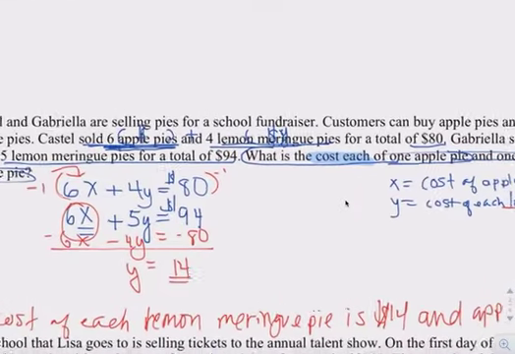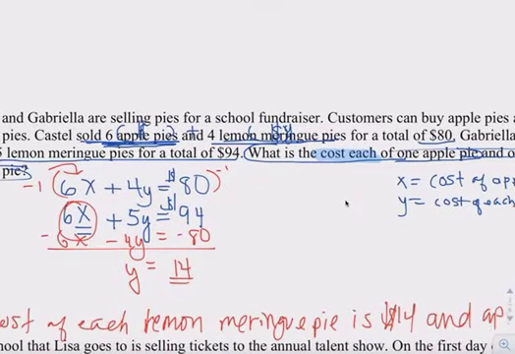Alrighty, let's plug back in: 6x plus 4y equals $80.